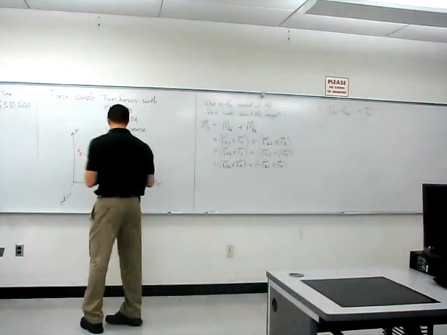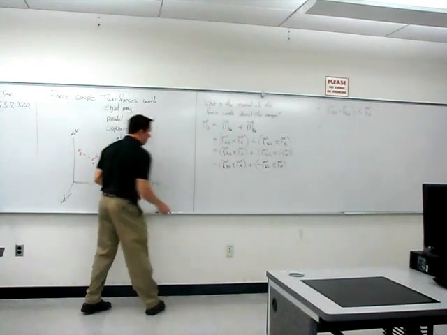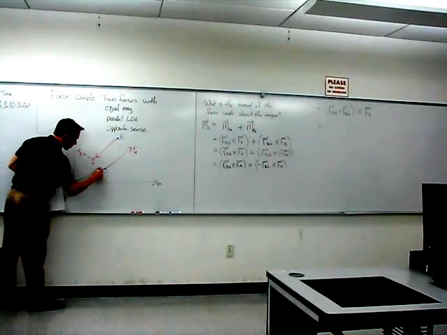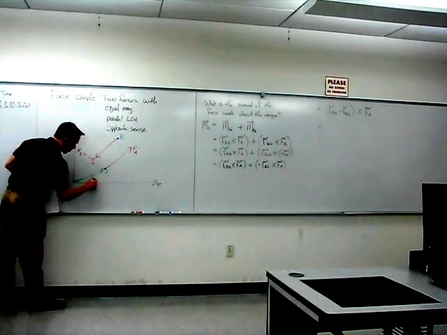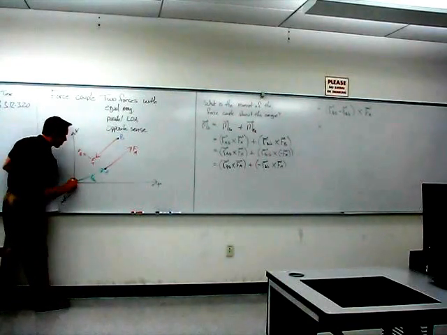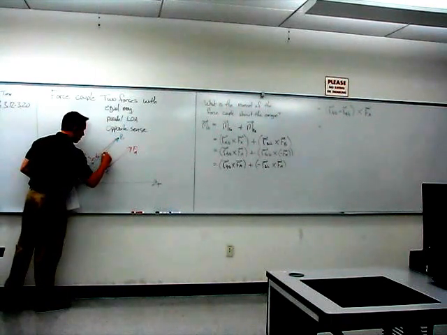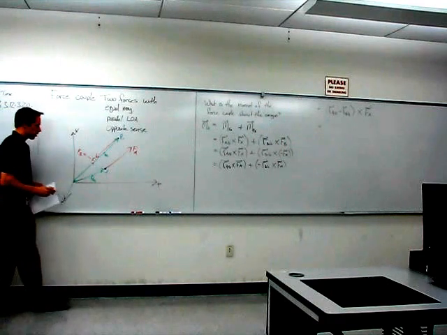So let's see if we can see what this looks like over here. We have the position of A with respect to the origin. That's this vector. And we have the position of B with respect to the origin. That vector.